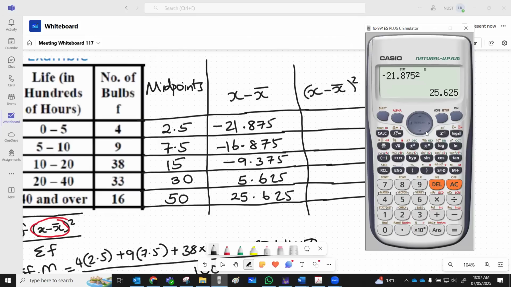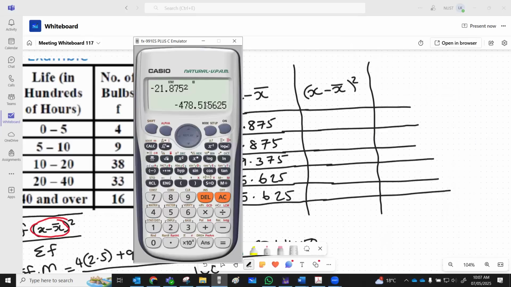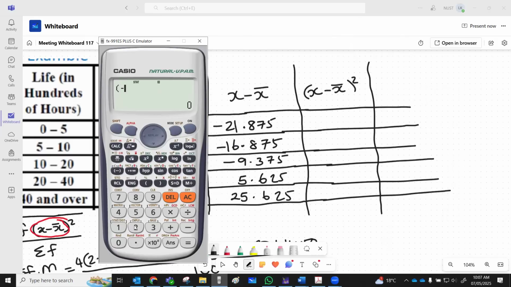Let me square this. Okay, need brackets here, otherwise it'll come out negative. But we know our answer should be positive. So it should be negative 21.875 in brackets. Here I think 4 decimal places is fine.